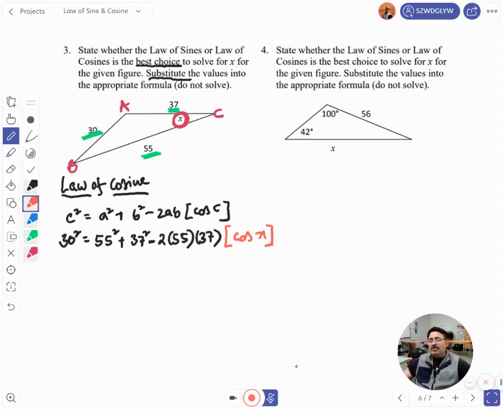How to solve that, we'll do later, because the question says do not solve. So I'm not solving. Now let's go to the next question.